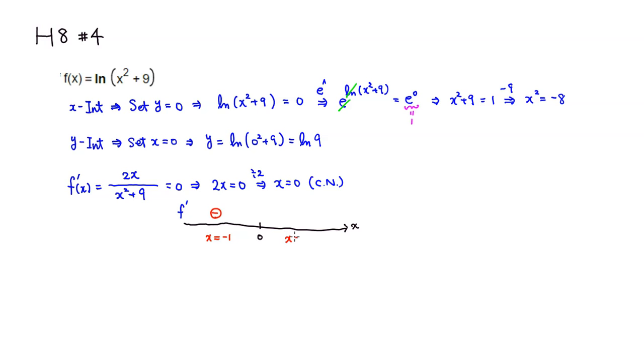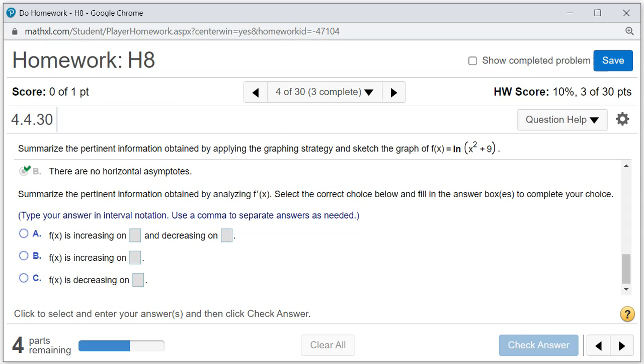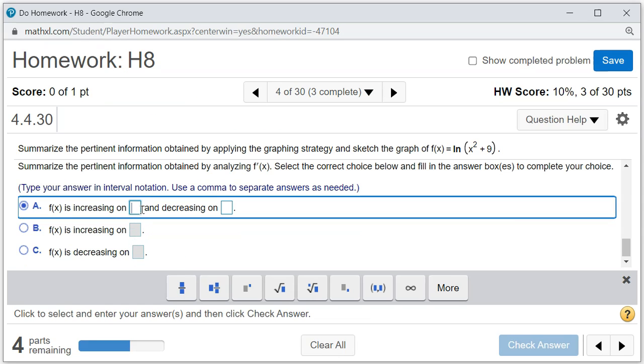If x is positive, so positive 1, you have a positive and a positive, so you have a positive. So we know that the original function is decreasing before 0. After 0, it's increasing. Let's pick the answer. It's going to be increasing on the interval starting from 0.